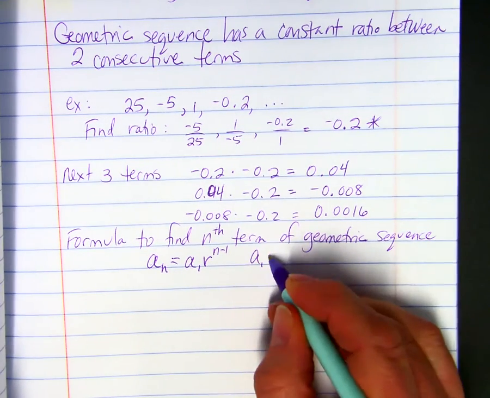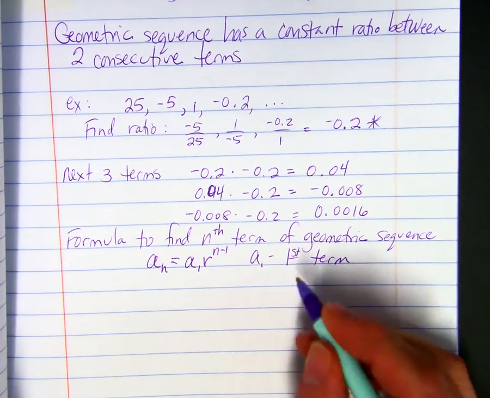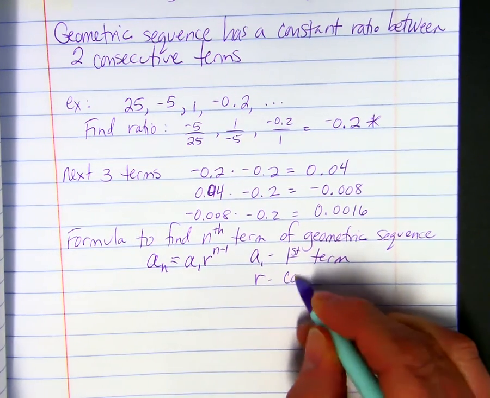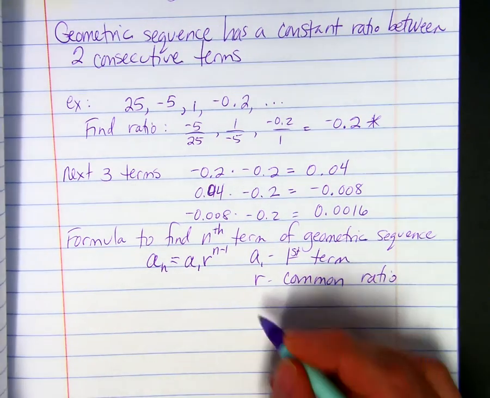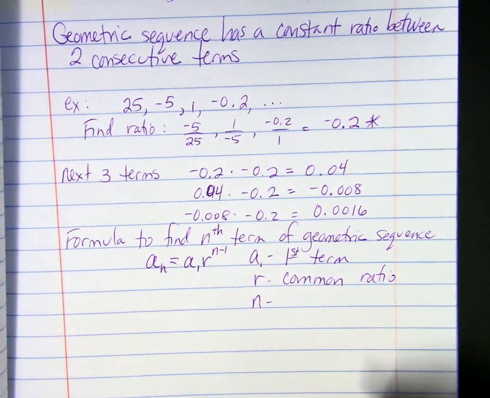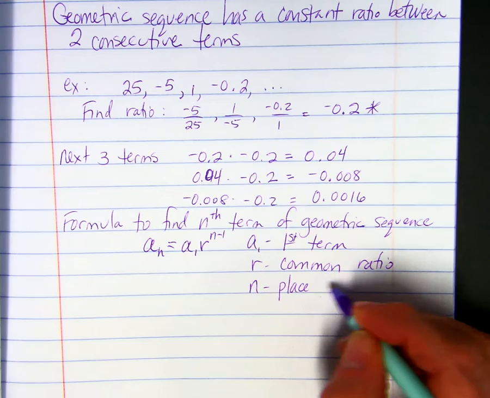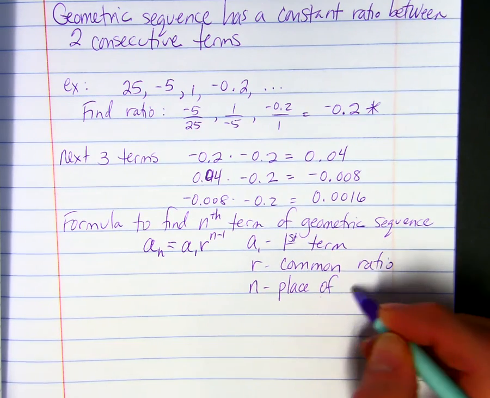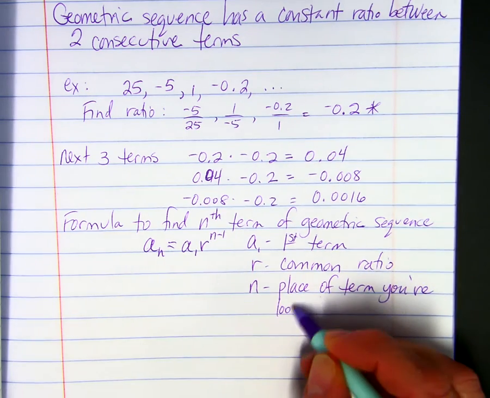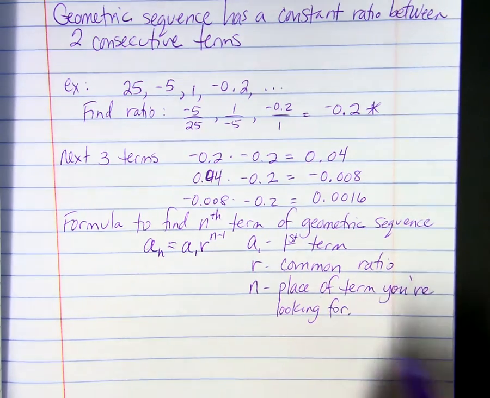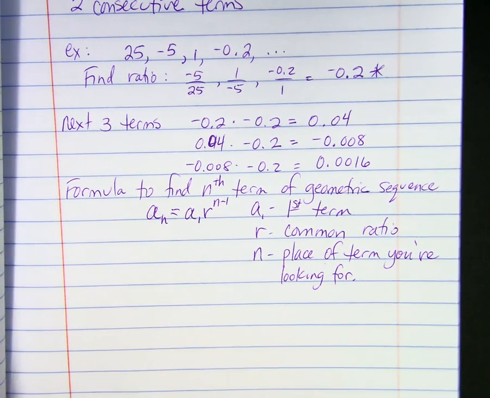So a sub 1 is the first term. r is the common ratio. n is the place of the term you're looking for. So if I want the 20th term, then my n will be 20.